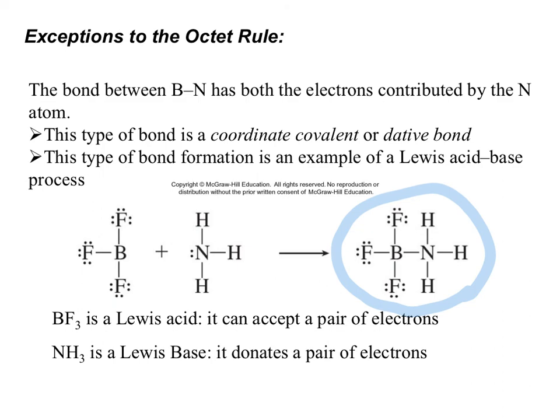So the nitrogen donates its electrons to the boron to give boron a full octet. The BF3 in this case is a Lewis acid, as it's accepting a pair of electrons, whilst the NH3, ammonia, is a Lewis base, as it's donating a pair of electrons. That's pretty much the definition of Lewis acids and Lewis bases.